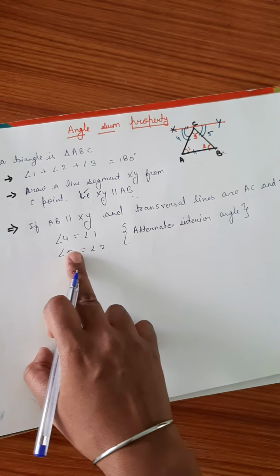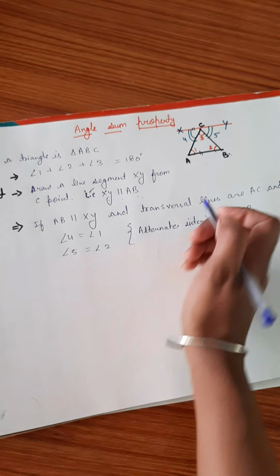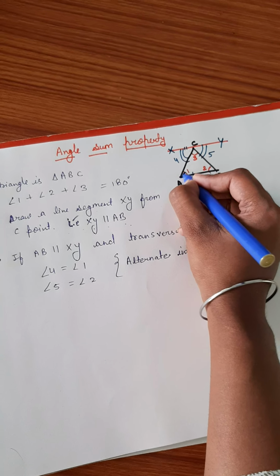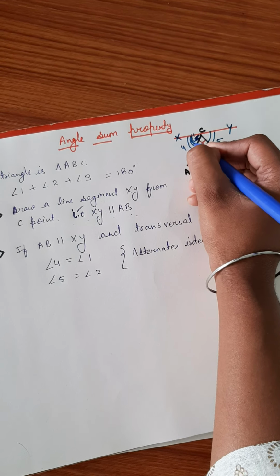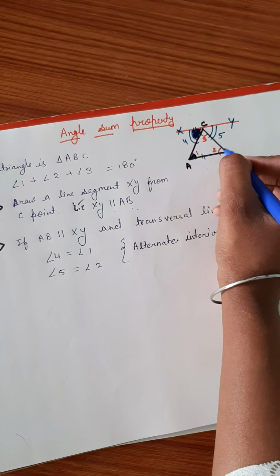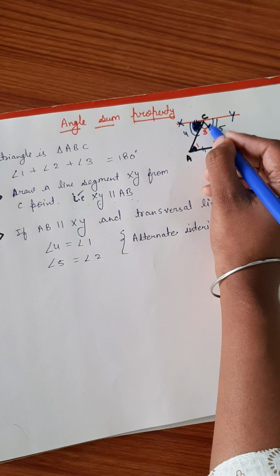According to this statement we can say angle 4 is equal to angle 1, angle 5 is equal to angle 2. Same way, angle 2 will be equal to angle 5.